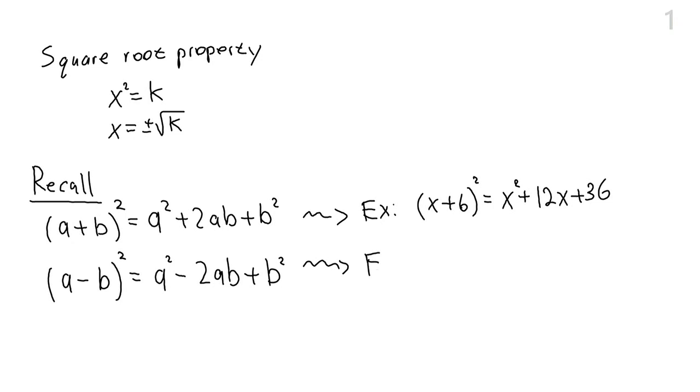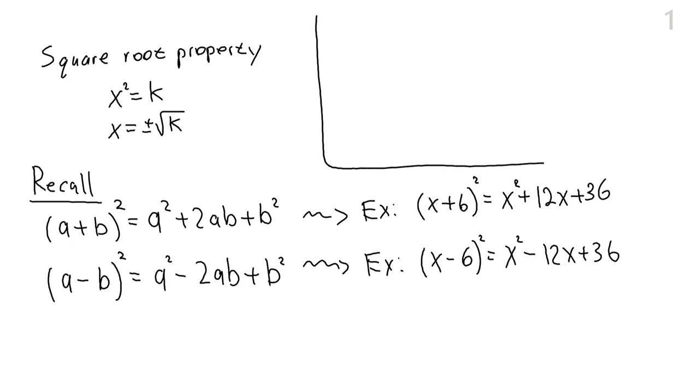And an example of something like this is x minus 6 squared is x squared minus 12x plus 36. So if our quadratic equation does not look like a trinomial that is factored into a perfect square, we need to readjust it so that it does.